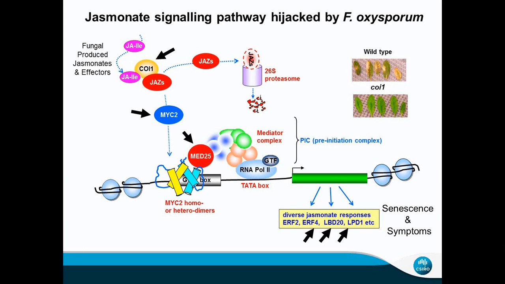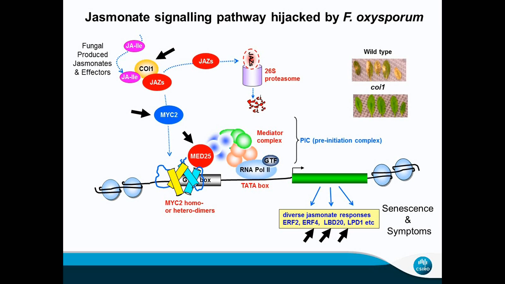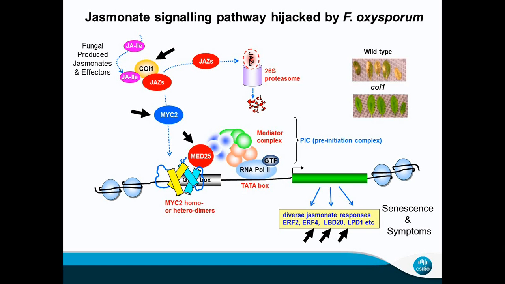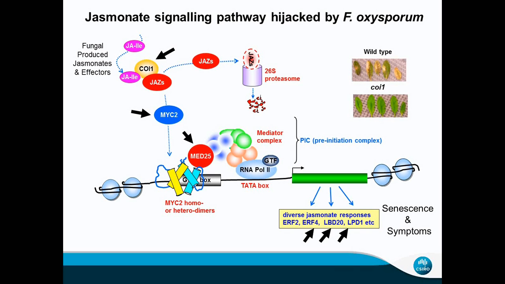Normally, JAZ proteins suppress transcription factors like MYC2 and a number of others. So when JAZ proteins are degraded, transcription factors like MYC2 are released from suppression, interact with a number of downstream components, bind to the G-box in the promoter regions of defense genes, and activate the defense.